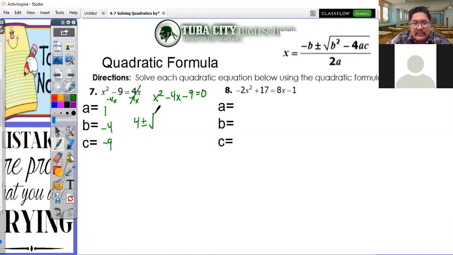Plus and minus the square root of b squared, which in this case is -4 squared, minus 4 times a times c, all over 2a, which in this case is 1. There you go. So setting it up, again, hopefully you're getting the hang of it because we're just plugging these in, what we get here.